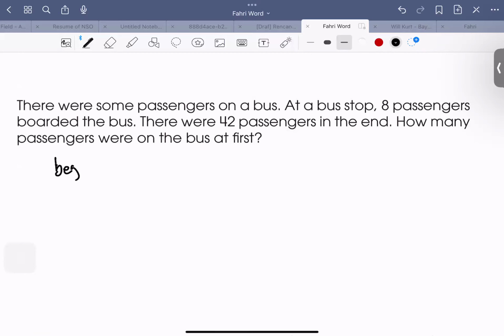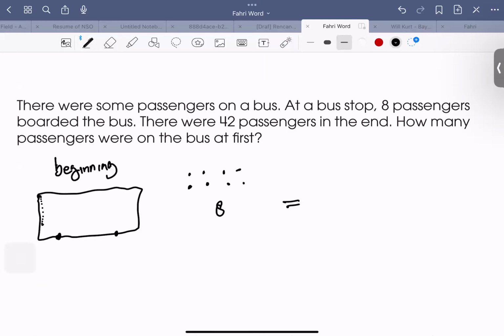So in the beginning, we don't have information about how many passengers were inside the bus. However, we know we will have an additional 8 passengers at a bus stop. So in the end, we will have 42 passengers in the bus.